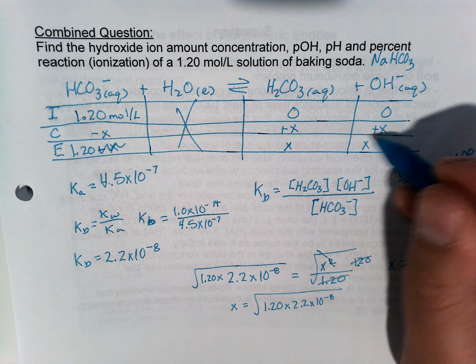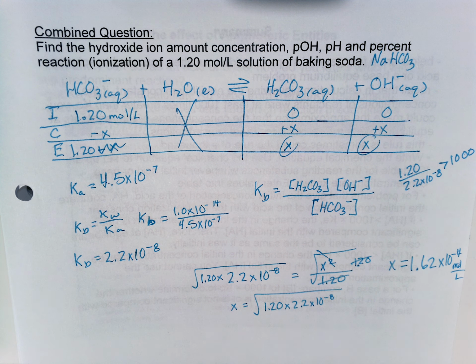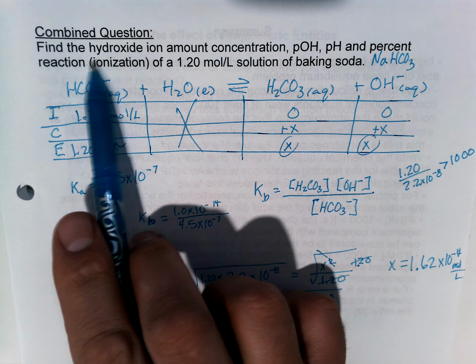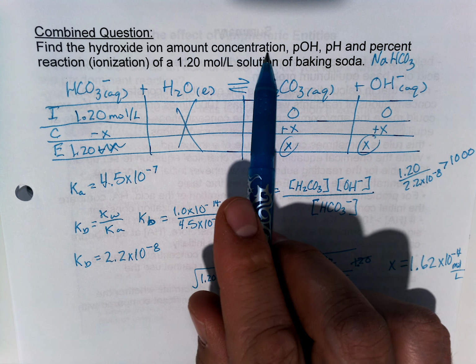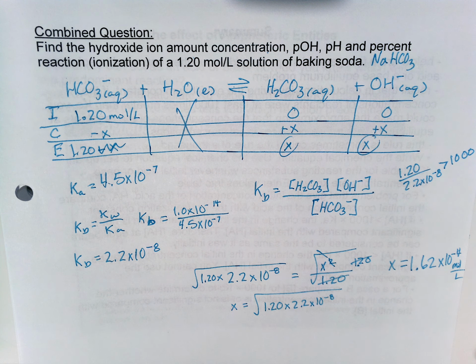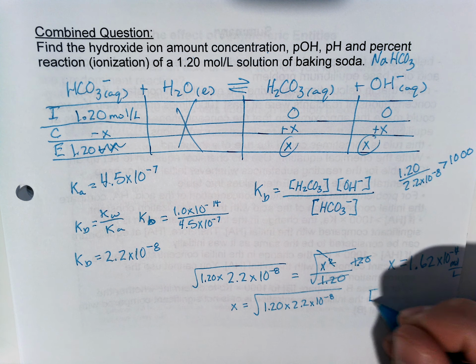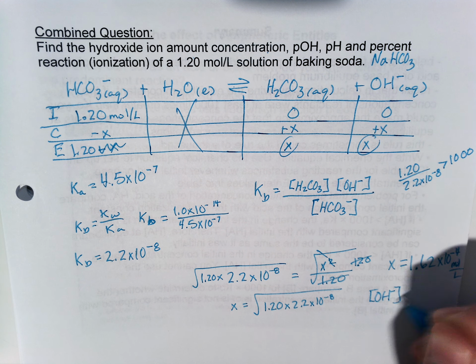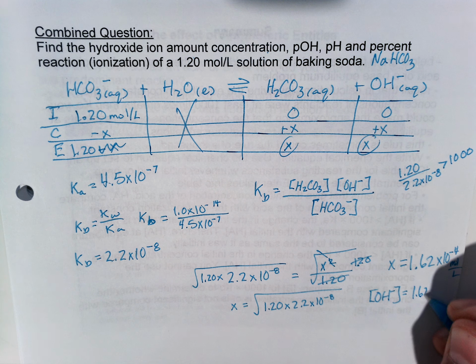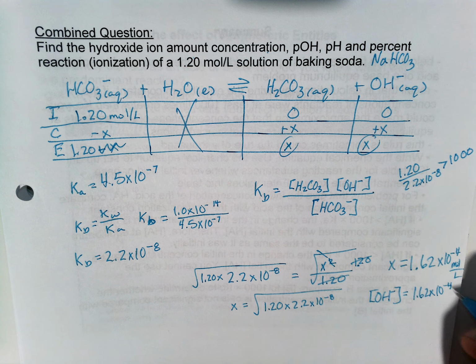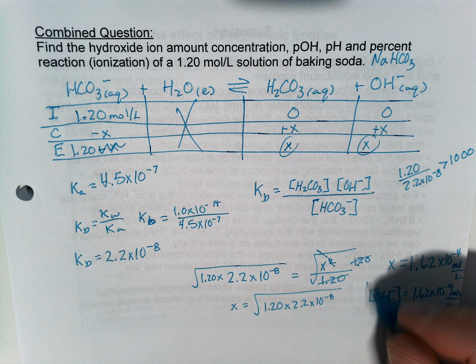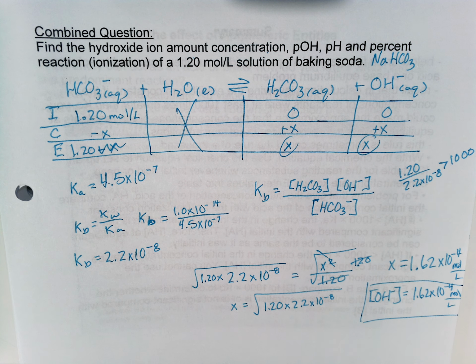Okay, so that is now our values here and here. Again, we want to find the hydroxide amount concentration. So our hydroxide concentration is equal to 1.62 times 10 to the minus 4 moles per liter. Okay, so this is our first answer here.